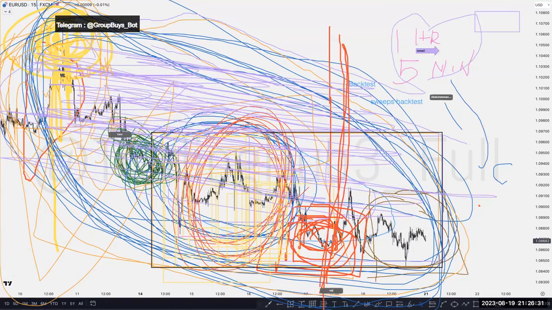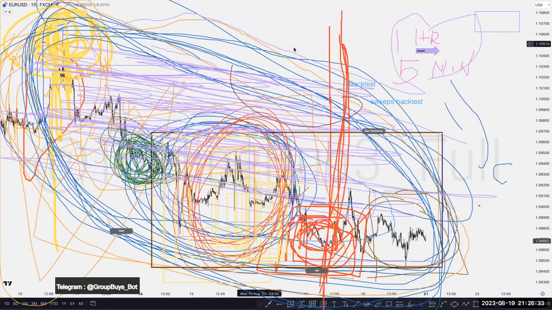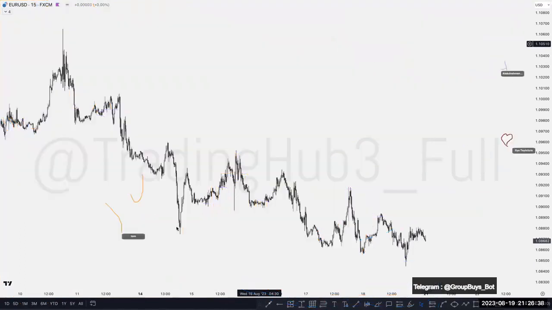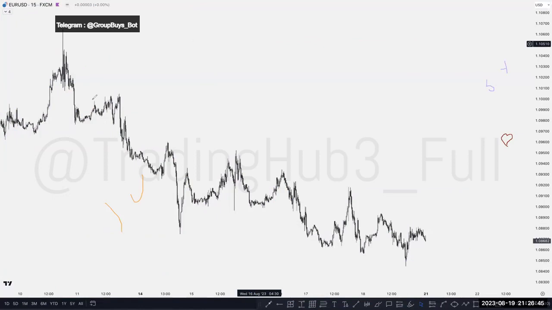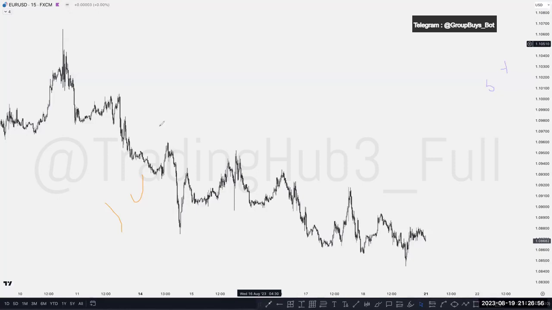There are different views, everyone. So I will do one thing here. If I mark the structure, marking POI and everything, then I can show you why price went down and why price went up after tapping on your POI.